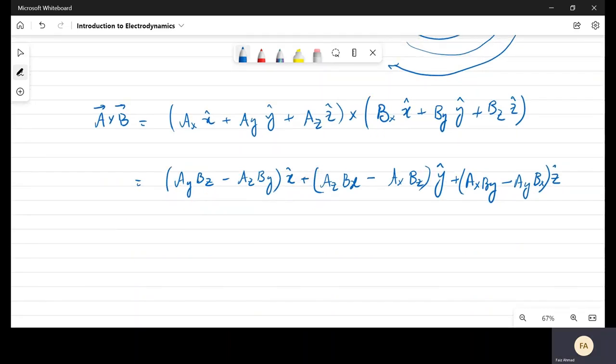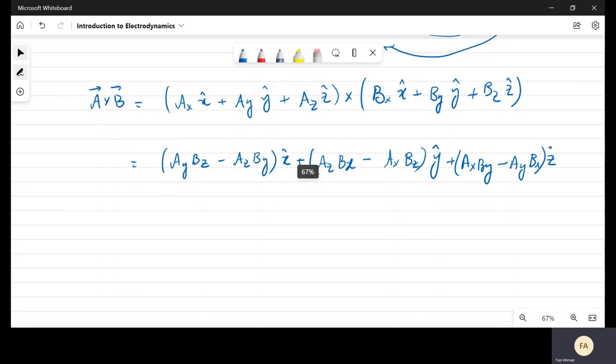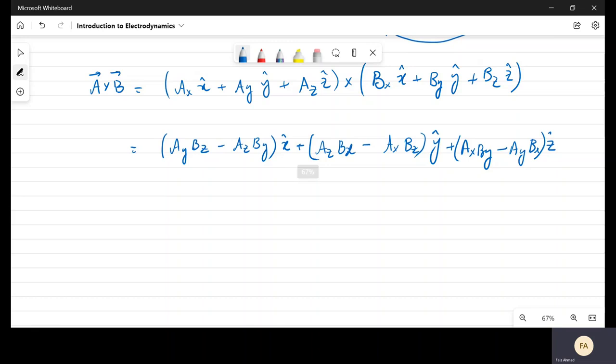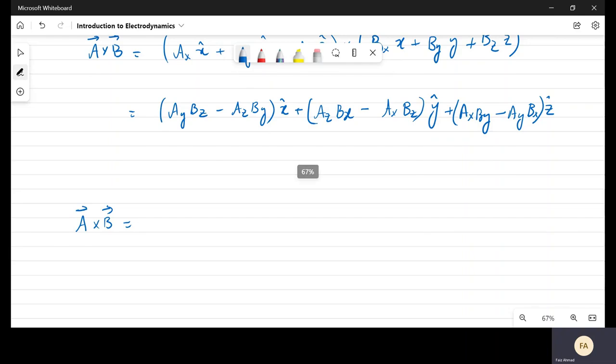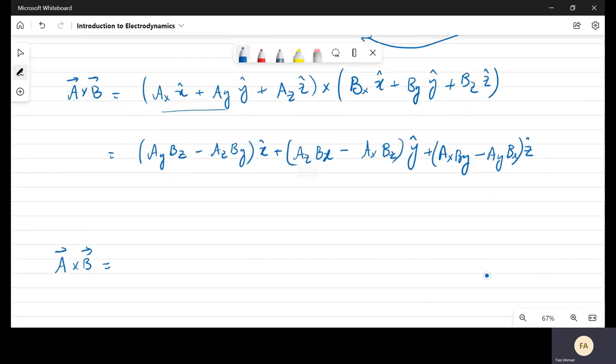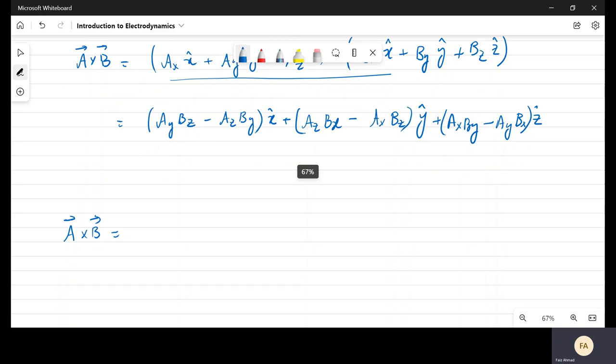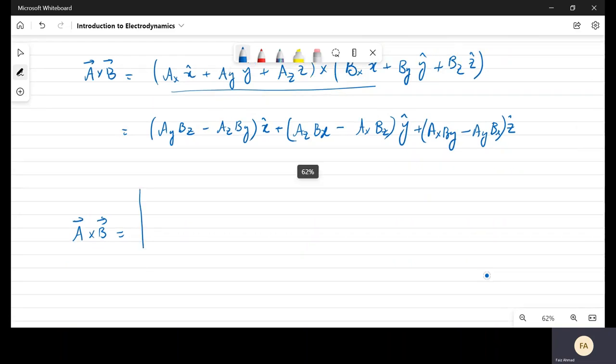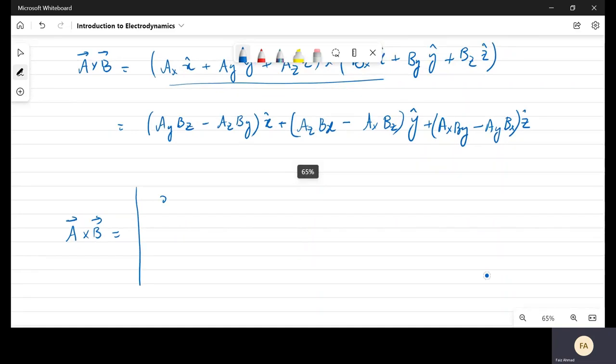So there is another way to find the cross product, and that's called the determinant method or the determinant form. And I found it easiest compared to remembering all this or performing the cross product using all of this. So in determinant form, we have to put x, y, z unit vectors here.